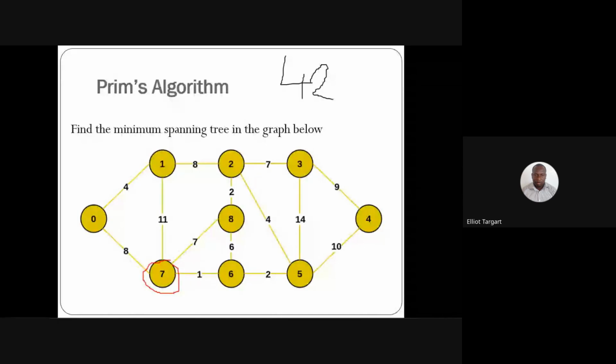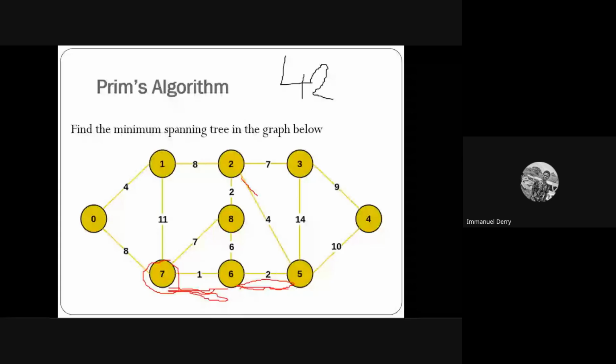So please, are we following? We are following. We go to 6. Then we move to 5. Move to 5. Yes. Then we move to 2.